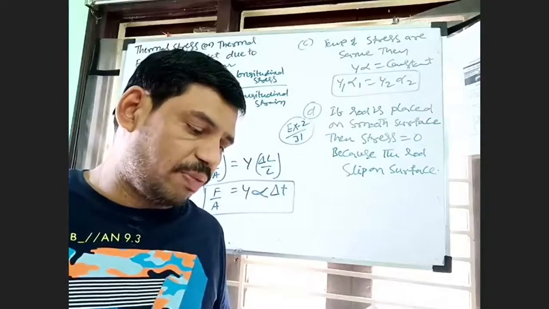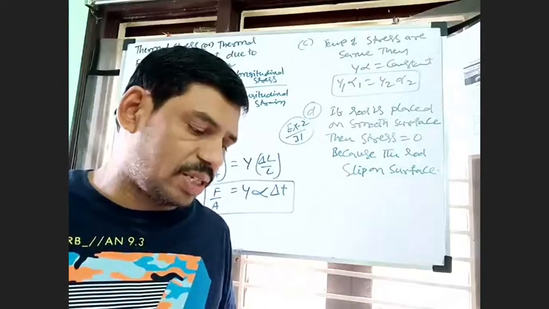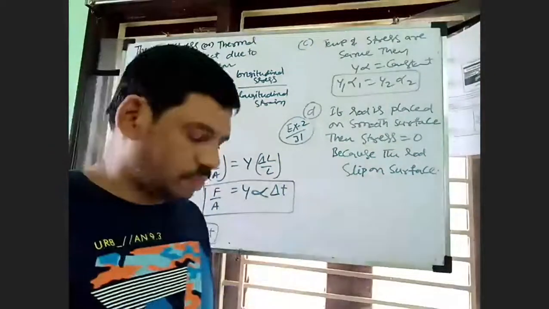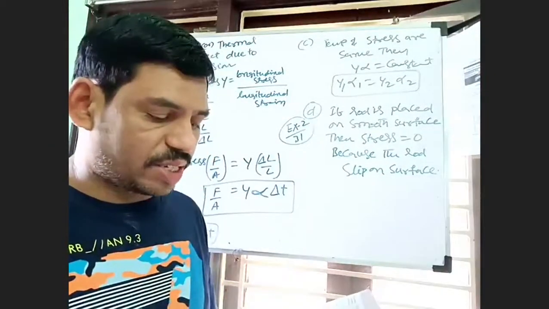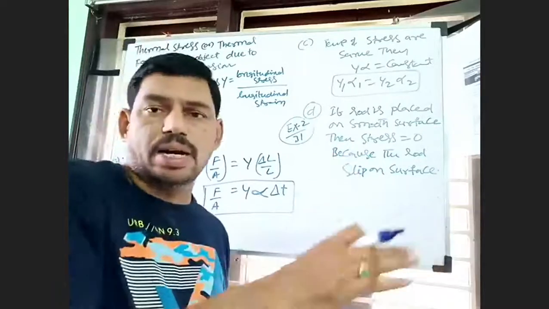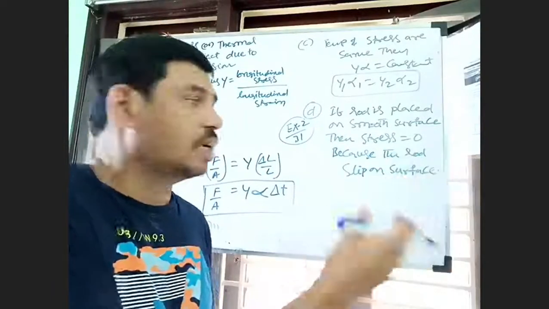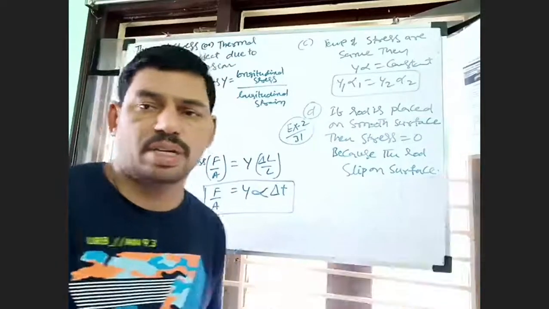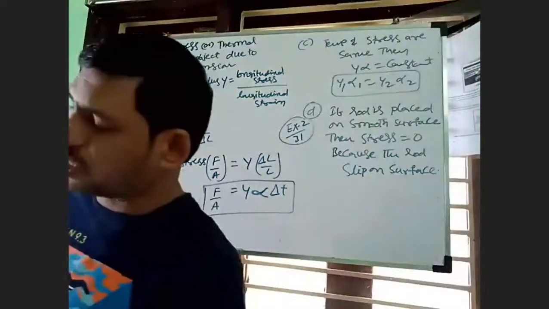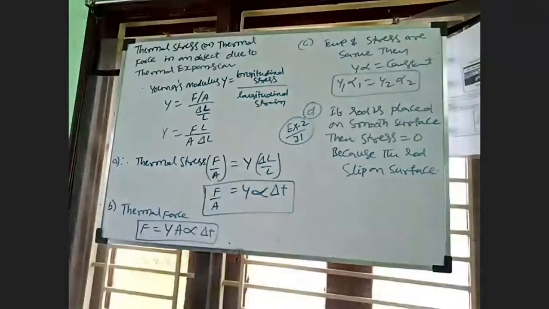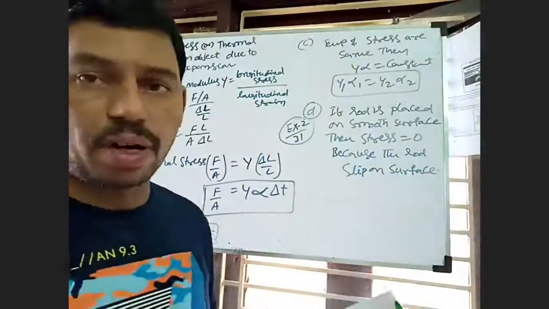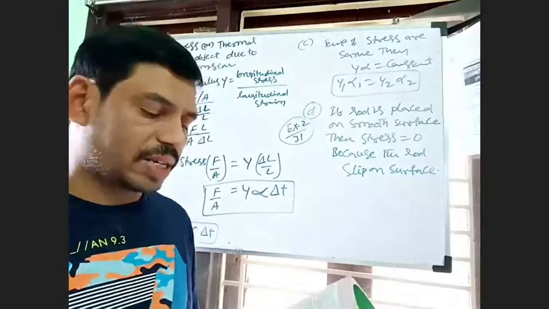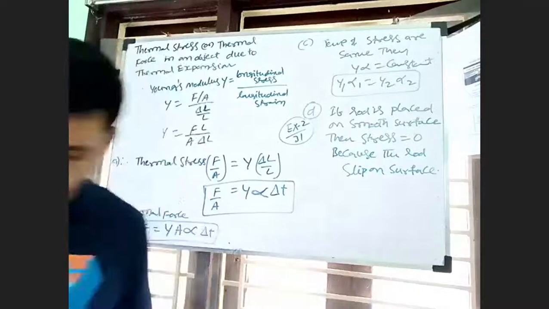If it is heated from 0 degrees C to 100 degrees C, what is the longitudinal stress developed? So 0. The answer is the first option, 0. Because there is no stress: it is not fixed between two rigid walls, it is just on a smooth surface.